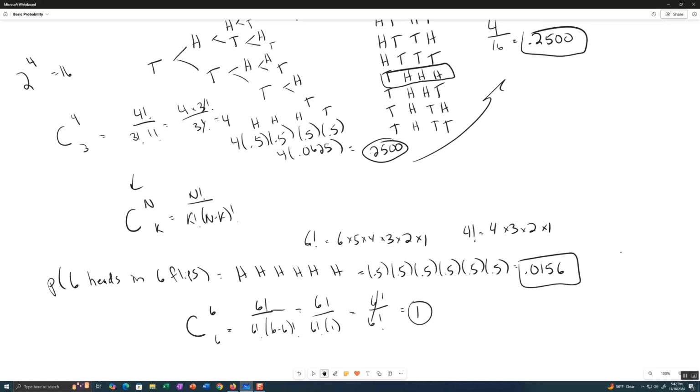It gives me 1. So there's only one combination. But that makes sense because there's only one way you can get 6 heads, and this is the one way, right? So there's not even the need to do the combination formula. And there's no way you would want to map it out because you'd have 64. That's basically how you'd solve a problem like that.